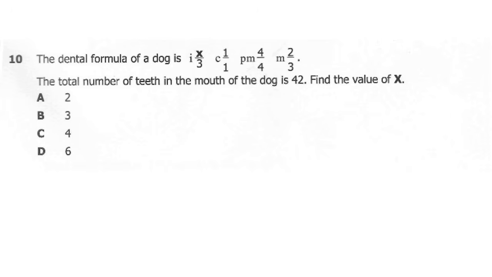The correct answer here is B, 3. So to find it, in case you didn't know the dental formula, you can always use the formula for calculating this answer. To find the total number of teeth, we need to multiply the sum of the teeth in the formula by 2. So total number of teeth equals 2 times the dental formula.